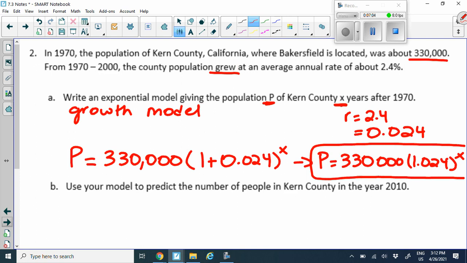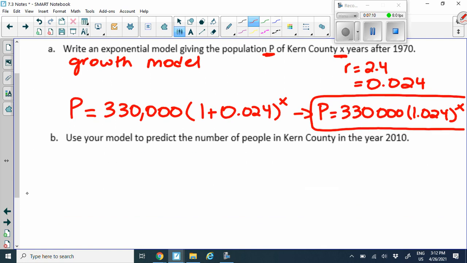Okay, now we're going to use our model to predict the number of people in Kern County in the year 2010. The idea is we're trying to find the population, but we need to plug in a number for X to represent that time.